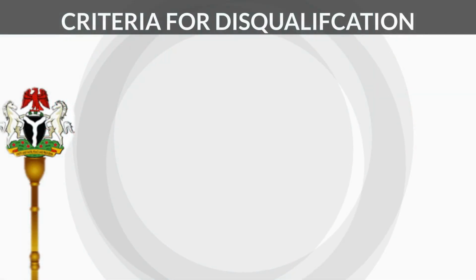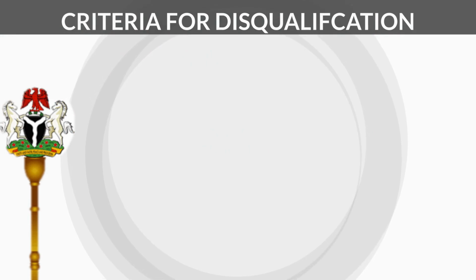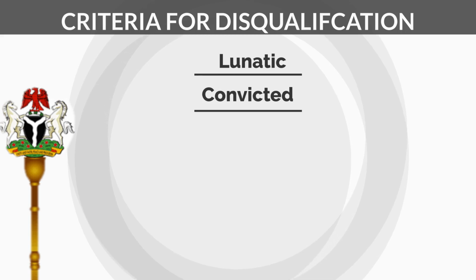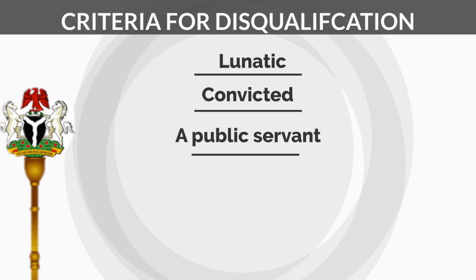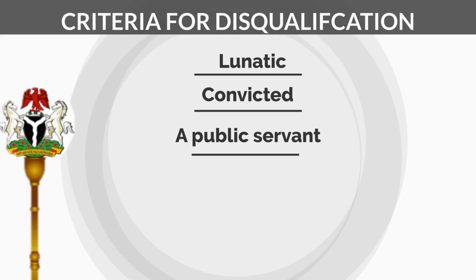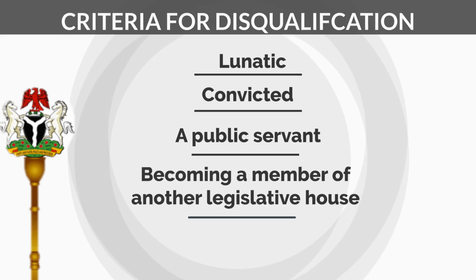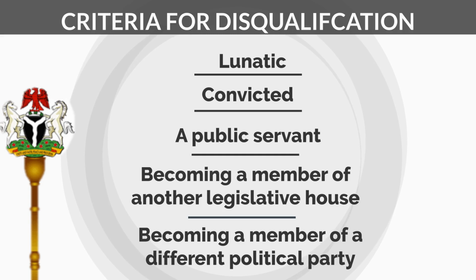The Constitution also gives instances that could disqualify a person, including having been declared to be a lunatic, having been convicted of a crime, and being a public servant. In addition to those, the Constitution gives conditions for a member of the House to cease to be a member, and these include becoming a member of another legislative house, ceasing to be a Nigerian citizen, becoming a member of a different political party, and getting recalled by your constituency.